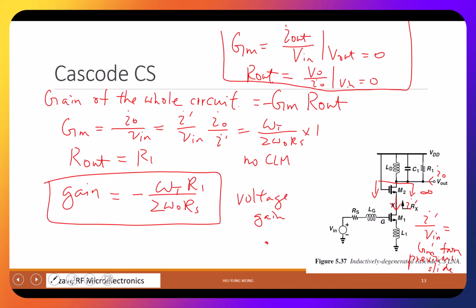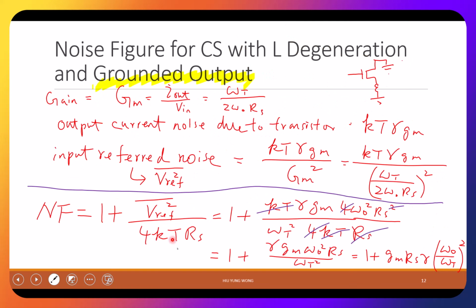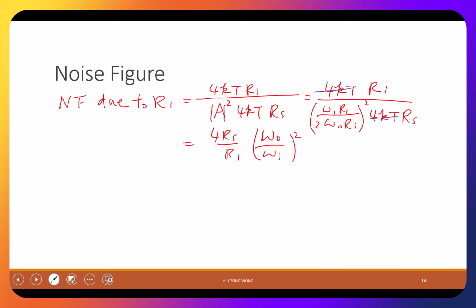M1 gives me this noise figure. Because without M1, without R1, you always have 1. The noise figure needs to be 1. So this is not due to any other parts. Understand? So this part is due to M1. And now I'm calculating the part due to R1.